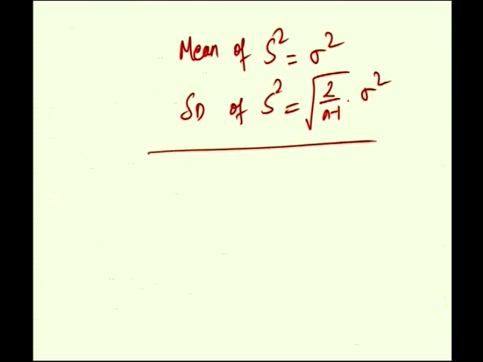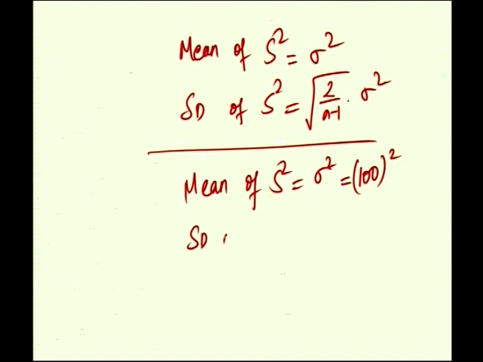Therefore, mean of S square is equal to sigma square. Sigma is 100, therefore sigma square is 100 square, and the standard deviation of S square is equal to root of 2 by (n minus 1).